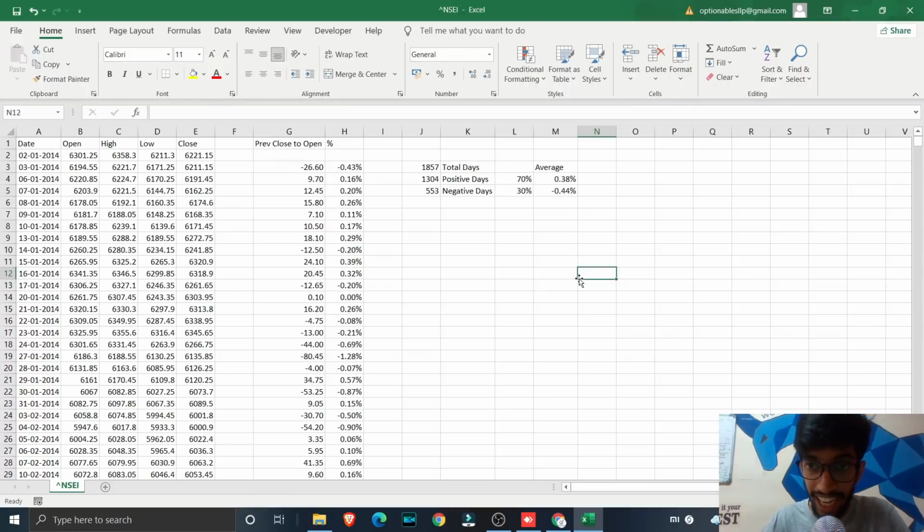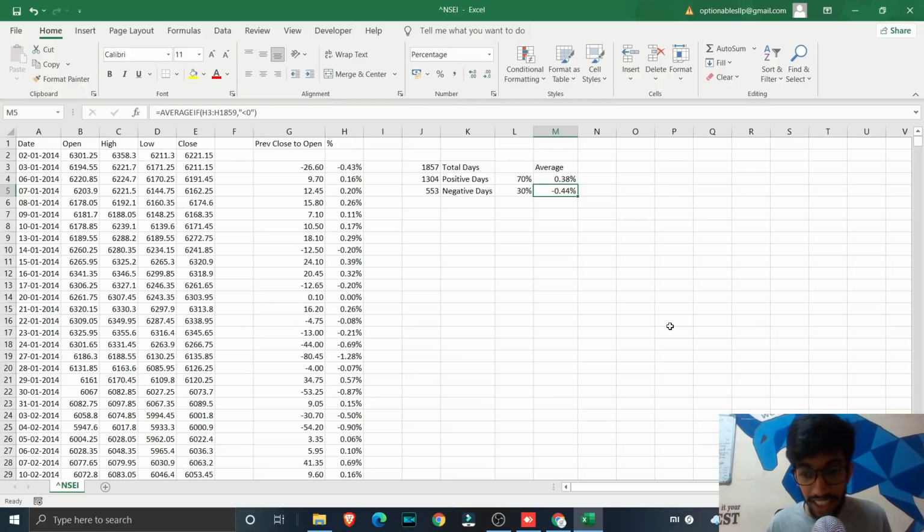So now when we actually calculate the negative also, what we have found out is 70% of the days when the market is opening higher, the average move is expected to be around 0.38% higher. And when 30% of the days the market is opening lower, the average expected move is 0.44% lower.